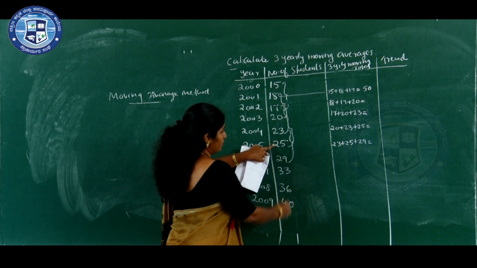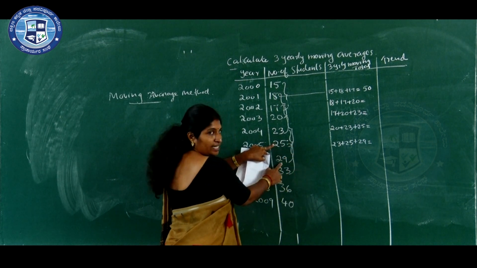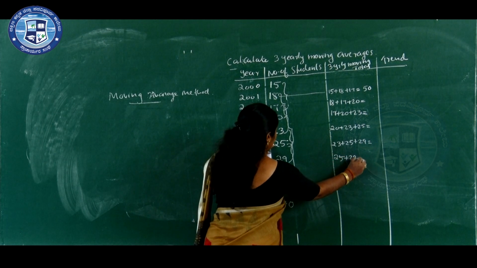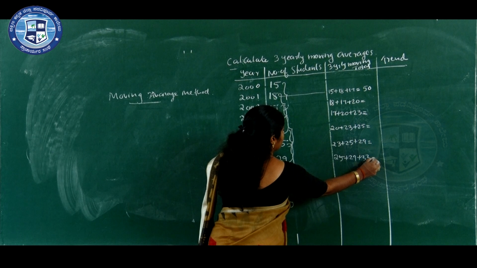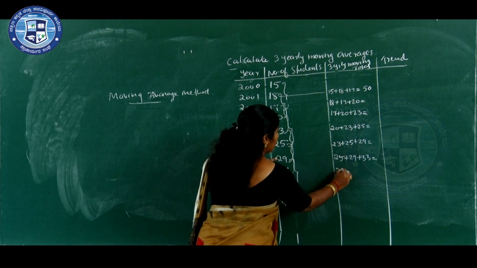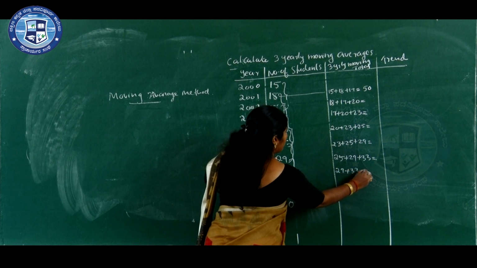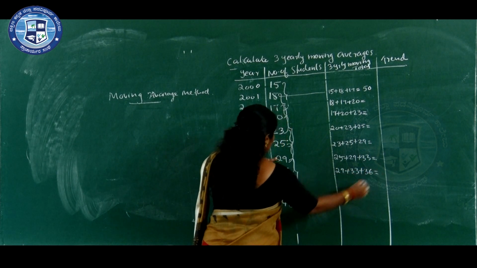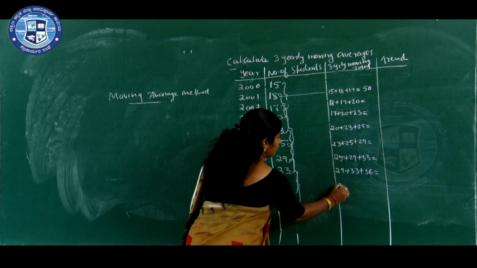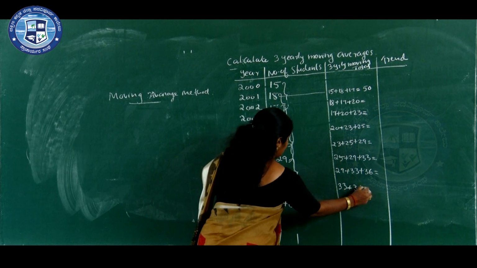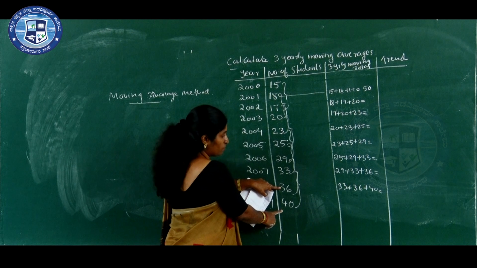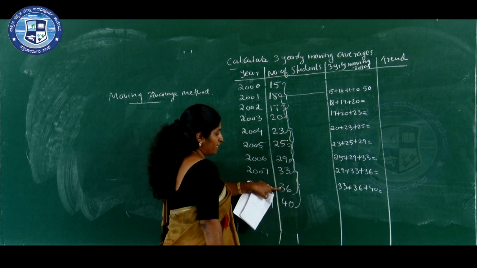Next again 3 values, 25 plus 29 plus 33. And next 3 values, 29 plus 33 plus 36. Okay, next 3 values are 33 plus 36 plus 40. Next you cannot consider 2 values because you need a 3 yearly moving total.